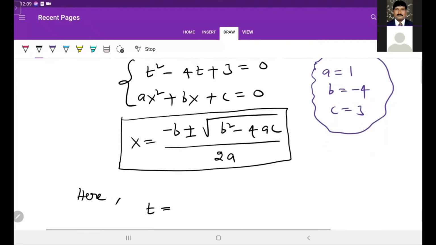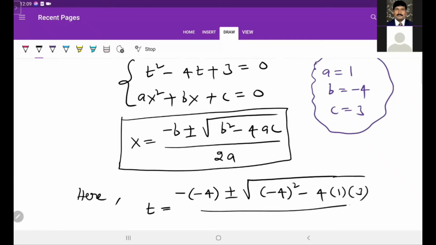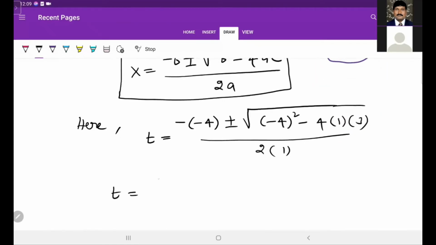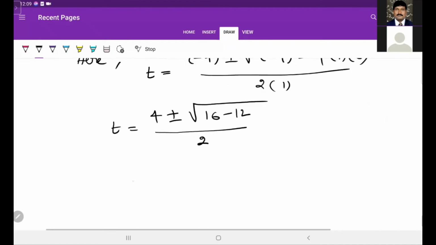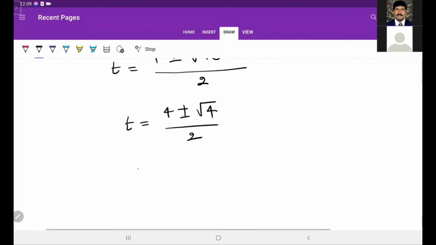Substitute these values: minus b plus or minus under root of b square minus 4ac by 2a. So we get 4 plus or minus under root of 16 minus 12, by 2. So t is equal to 4 plus or minus root 4 by 2, which is 4 plus or minus 2.